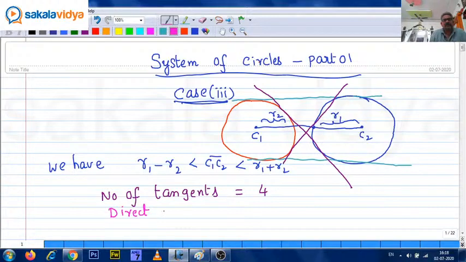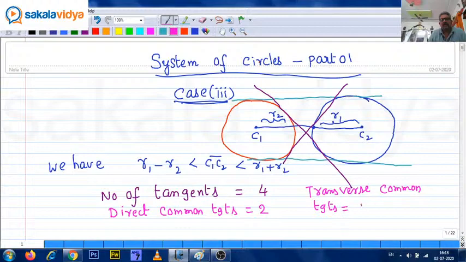Direct common tangents is equal to 2. And these are called transverse common tangents. Transverse common tangents is equal to 2. Total 4 tangents can be drawn. So at most, for two circles, 4 tangents can be drawn: 2 direct common tangents and 2 transverse common tangents.